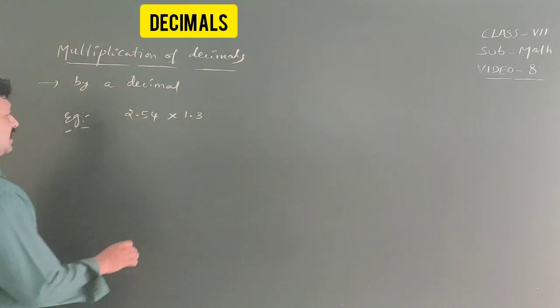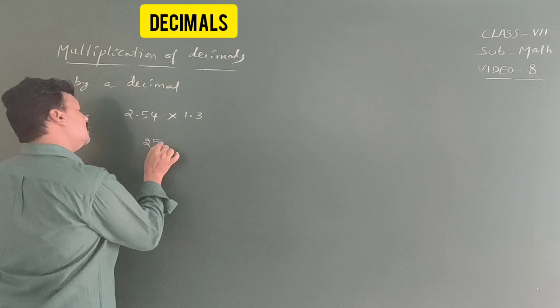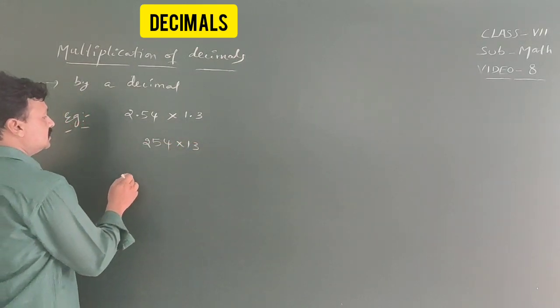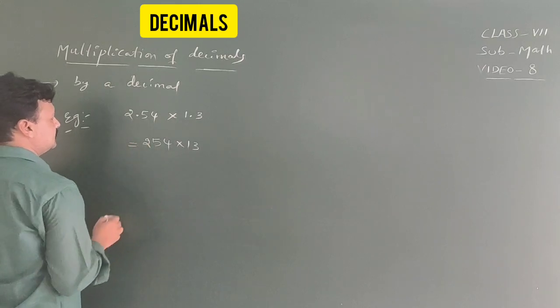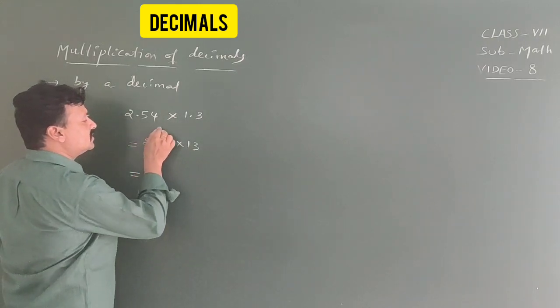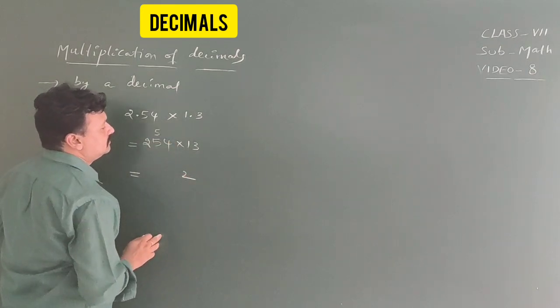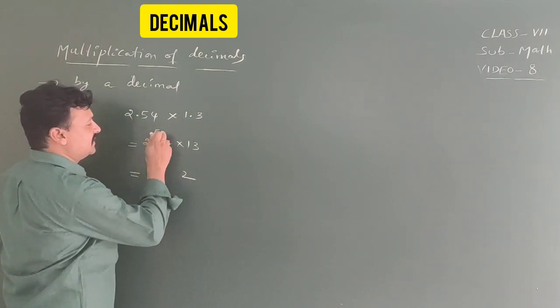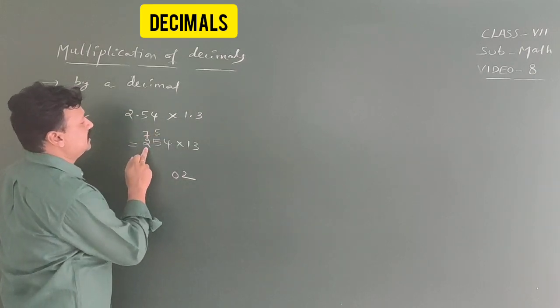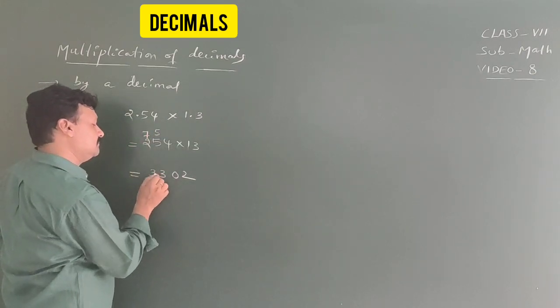Now we need to multiply the given decimals without the decimal point. 13 4 is 52. 13 5 is 65 plus 5 is 70. 13 2 is 26 plus 7 is 33.